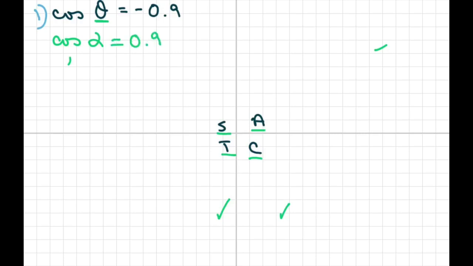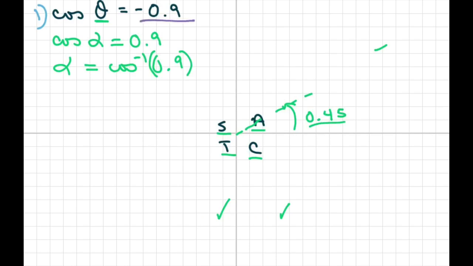And when I do that, I get theta equals inverse cosine of 0.9. And when you do that, you're going to get 0.45. So that would be some acute angle here, 0.45. So that's in quadrant 1.